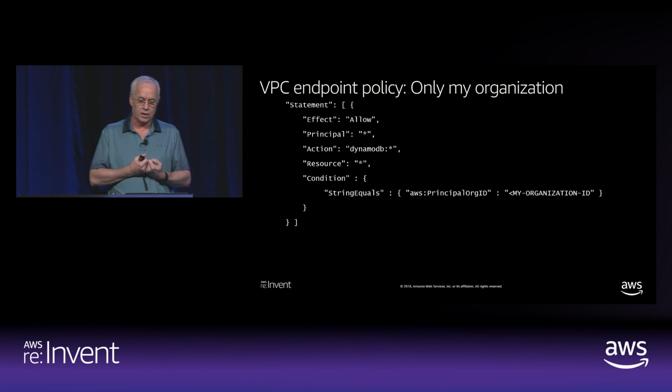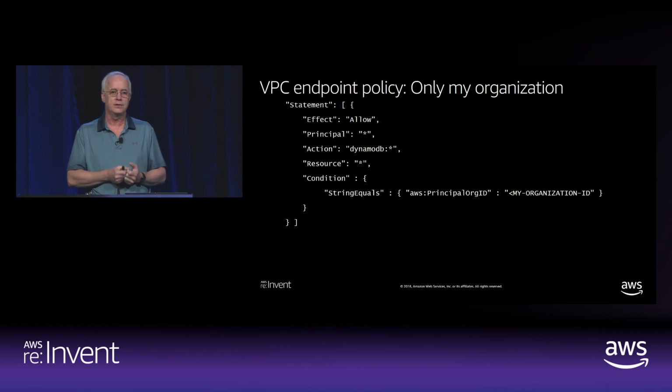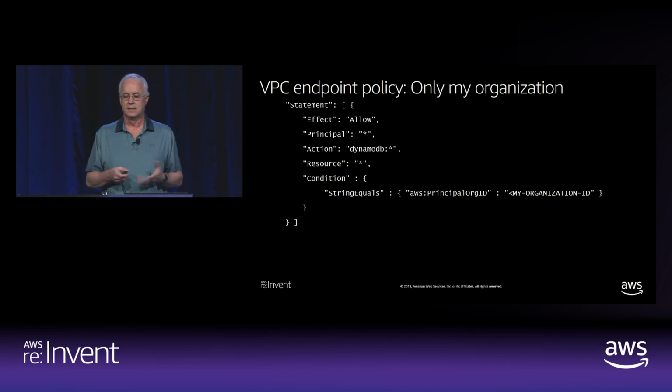But the condition is only when they're in my org, right? So the principal has to be within your own organization in order for this to succeed. And so that limits the access to just within your own organization. So it's another way you can use the VPC endpoint policy to be restrictive, but not necessarily as restrictive as just the same account.